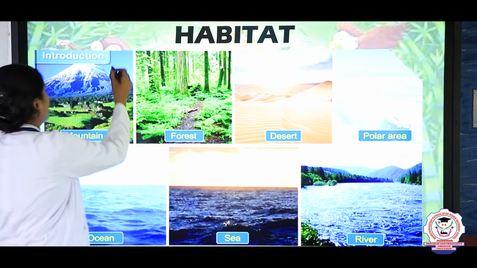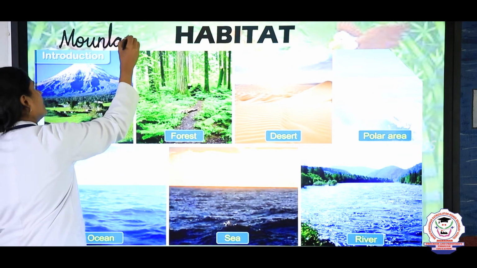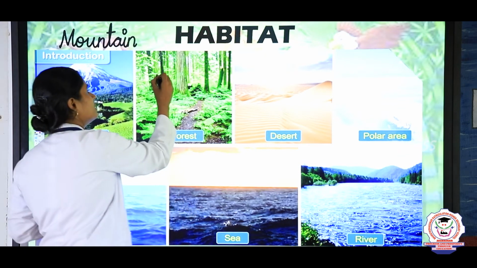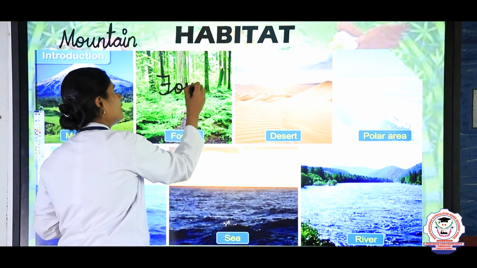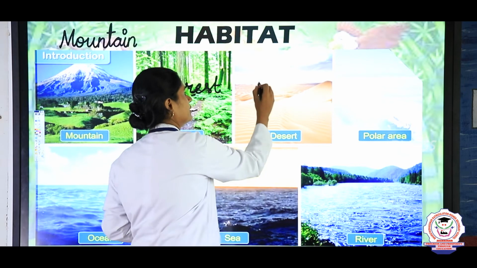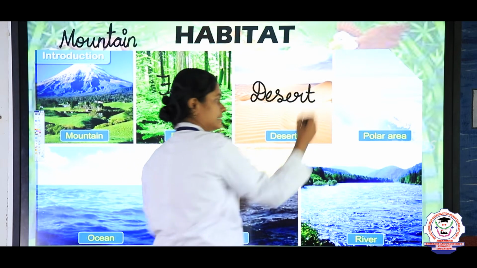The first one, mountain, M-O-U-N-T-A-I-N. Some animals live in mountains, some animals live in forests, F-O-R-E-S-T, forest. Desert, D-E-S-E-R-T, desert.